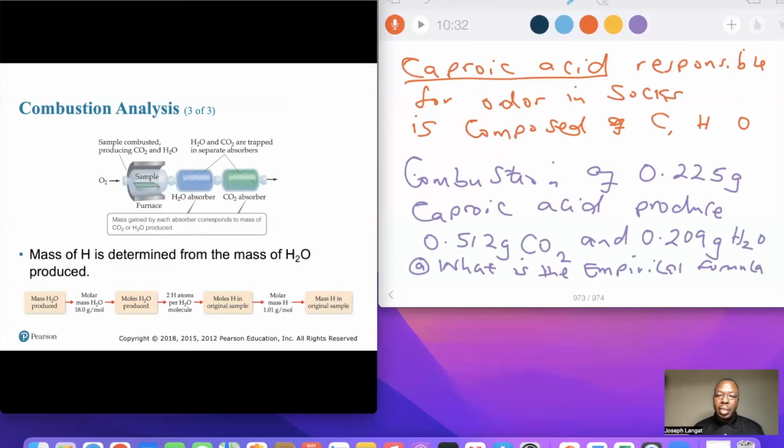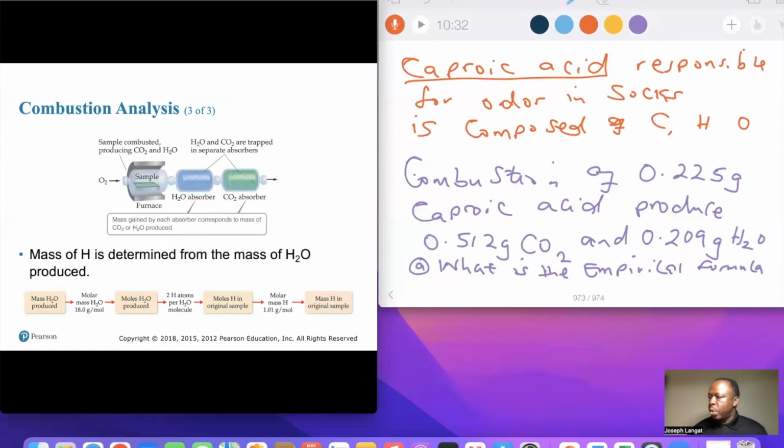This is combustion analysis. When you look at the numbers, if we are starting with these grams of the compound, and then we see another number which is even greater than what we started with, you may wonder how it comes that we have a smaller mass and then produce more mass, yet we know matter cannot be created or destroyed.